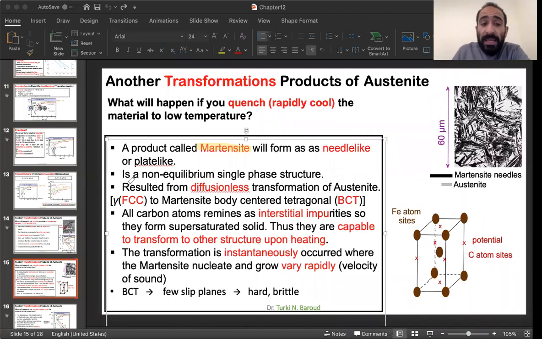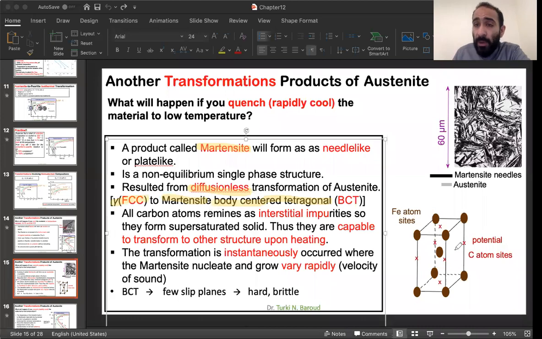So here martensite is a diffusionless transformation. Diffusionless means there was no diffusion of carbon. The carbon does not have the time to diffuse. Therefore it is a diffusionless transformation of austenite, where gamma, which has an FCC structure, will transform to martensite that has a body-centered tetragonal, BCT, structure.